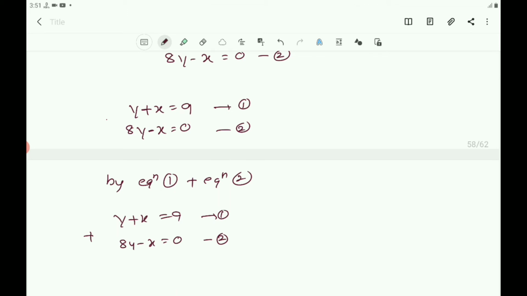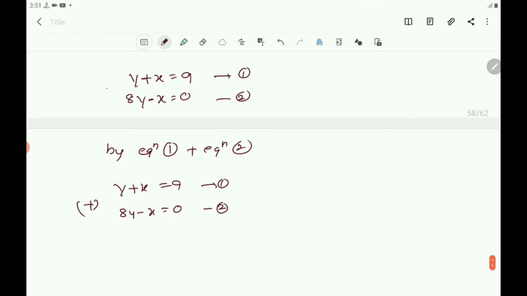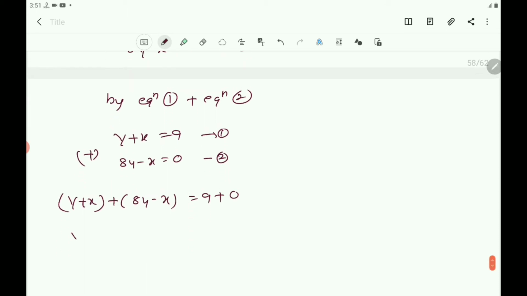But while subtracting, you must take the equation you are subtracting from first. Here we are adding, so you can take them in any order. Then it becomes y plus x plus 8y minus x equals 9 plus 0.